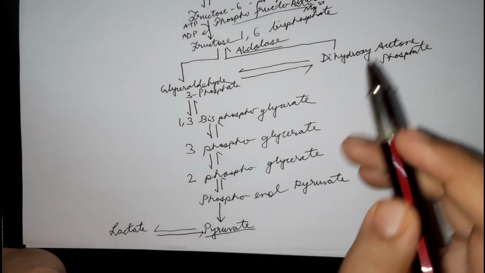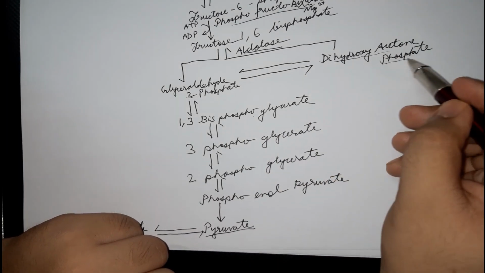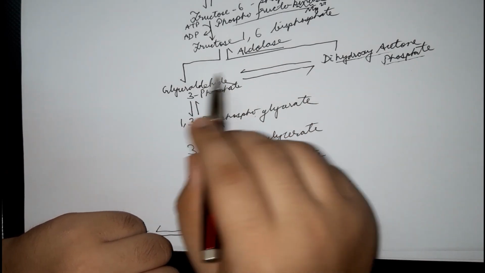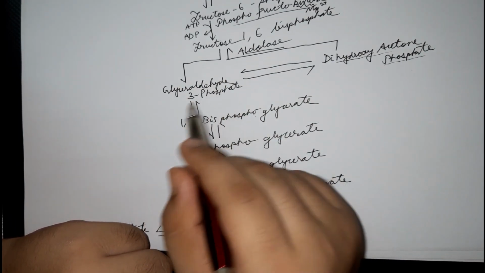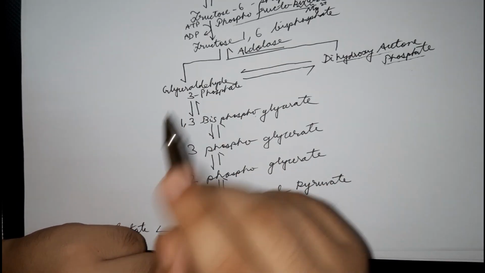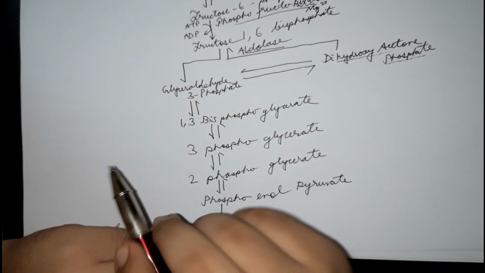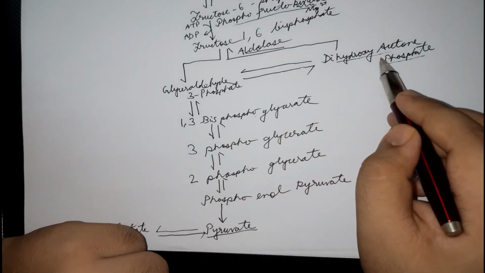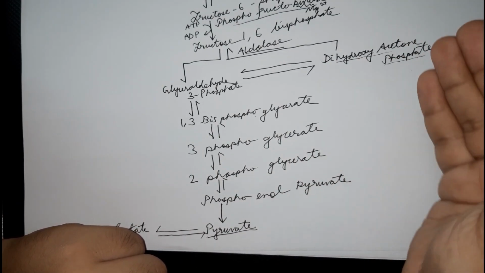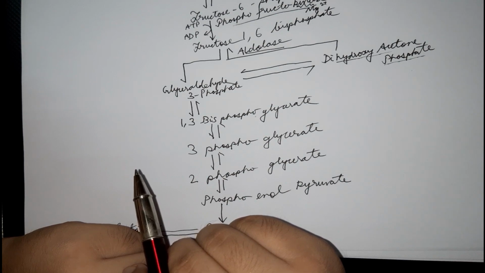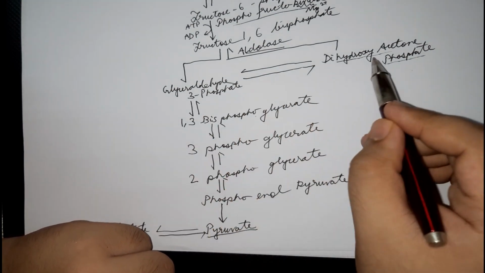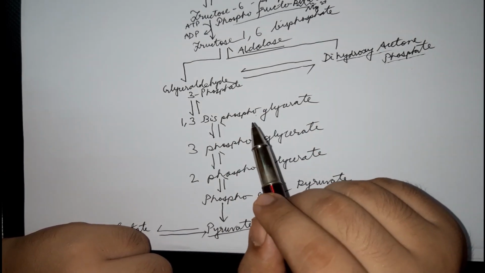So dihydroxyacetone phosphate will be converted to glyceraldehyde 3-phosphate. So we will have two molecules of glyceraldehyde 3-phosphate. One molecule comes directly from fructose 1,6-bisphosphate. The other comes from dihydroxyacetone phosphate's isomerization.